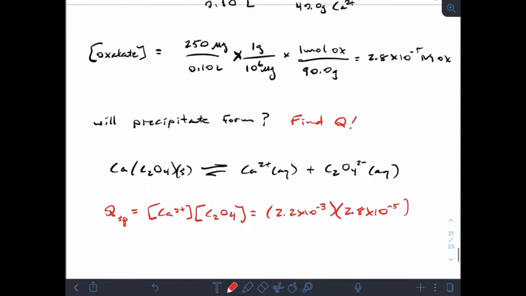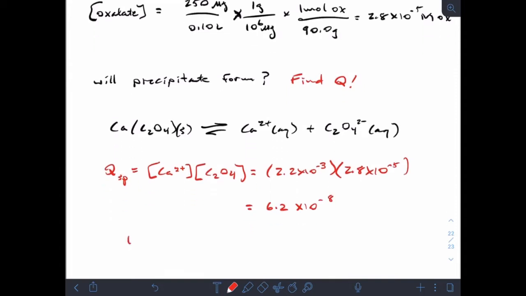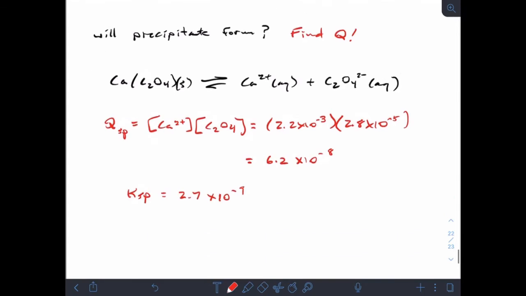We're going to find out that Q equals 6.2 times 10 to the minus 8. Now remember, Ksp was 2.7 times 10 to the minus 9. In this case, Q is greater than K, so my reaction goes left.